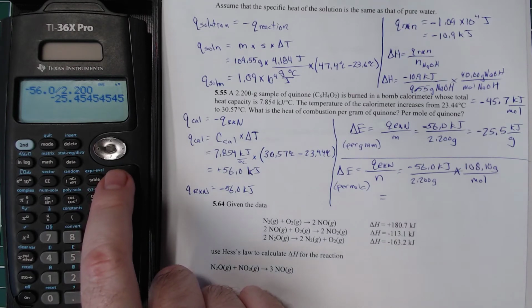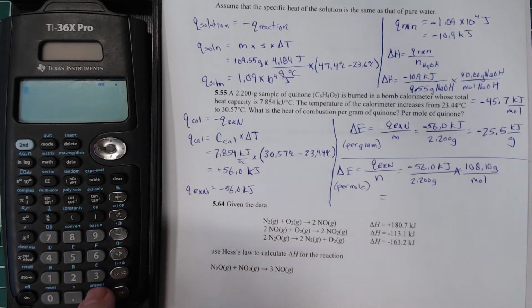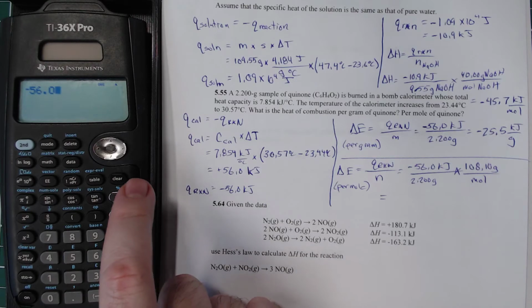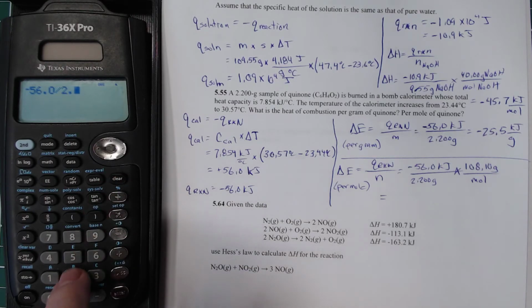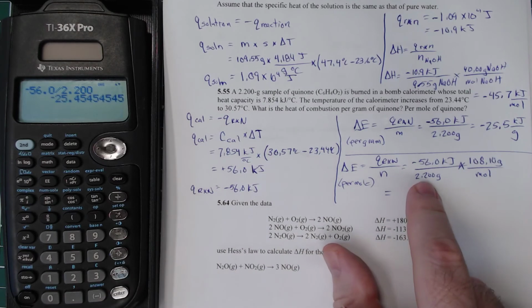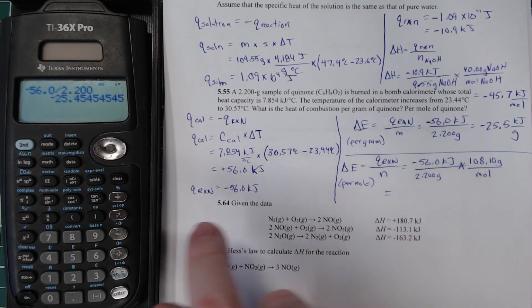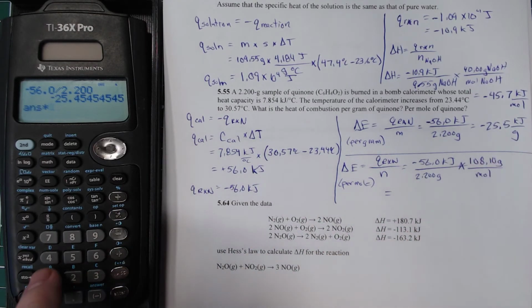I could have just used that, but we'll go ahead and type it back in. So negative 56.0 divided by 2.200. That gives us this part, and that's the number we just had. And we're going to multiply that number by 108.10.